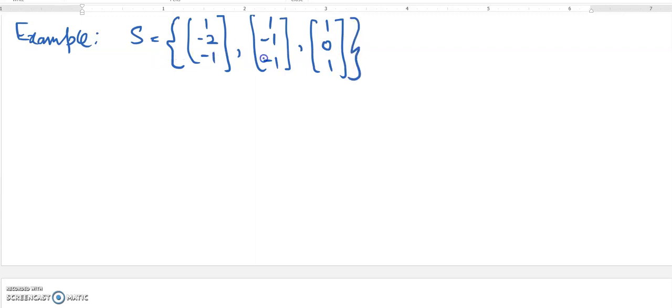We want to know whether these three members of the set, 3 vectors, are orthogonal. So we have to check orthogonality.